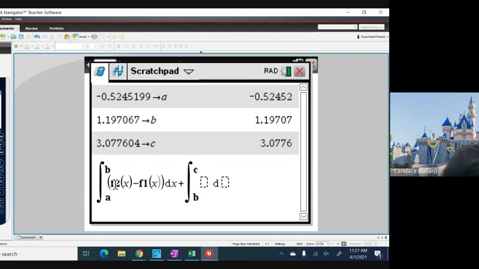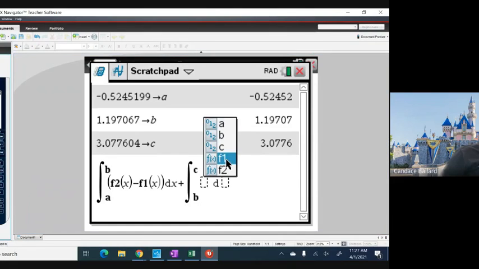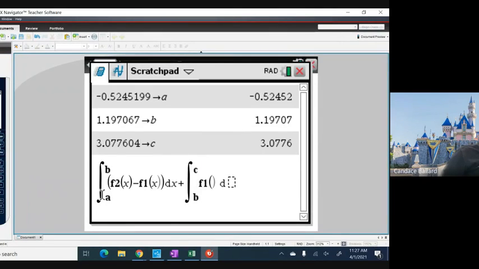And then we're going to go from B to C. And then we're going to do var, and then it's the reverse this time. F1 was on the top, so var F1 of X minus var F2 of X dx. And then we're going to hit enter.